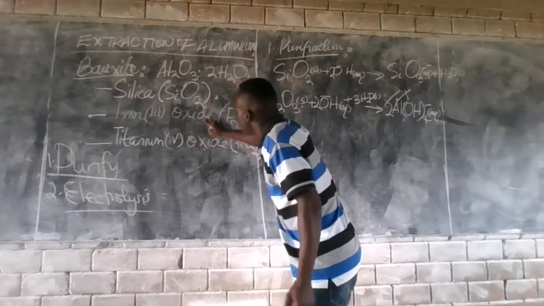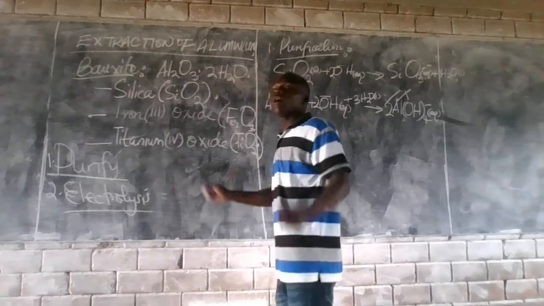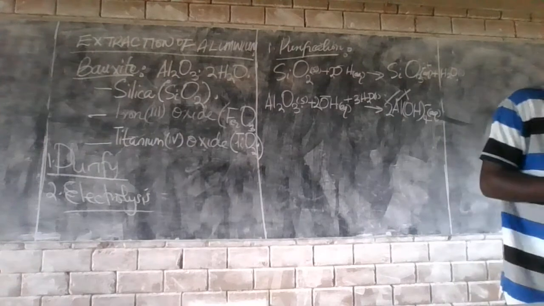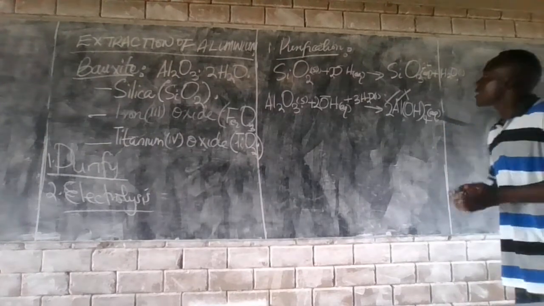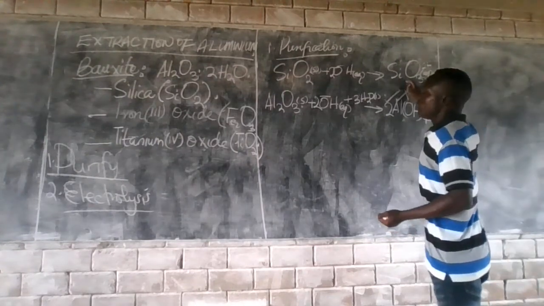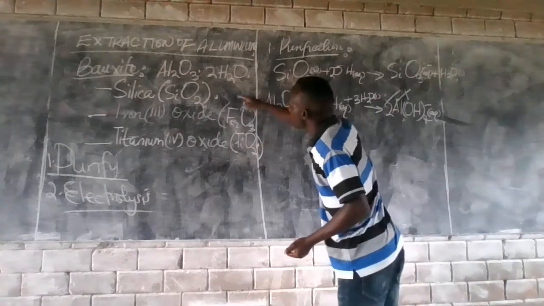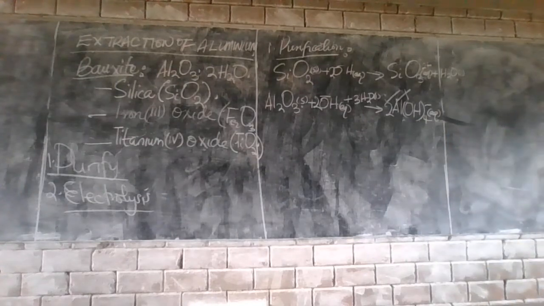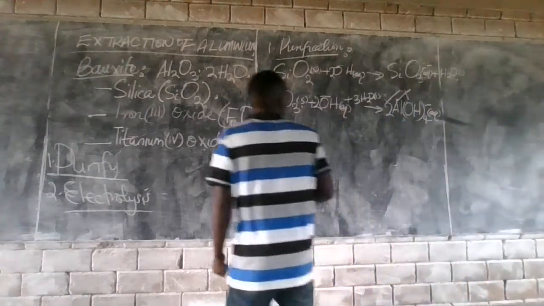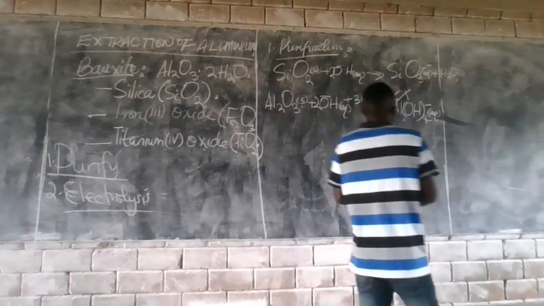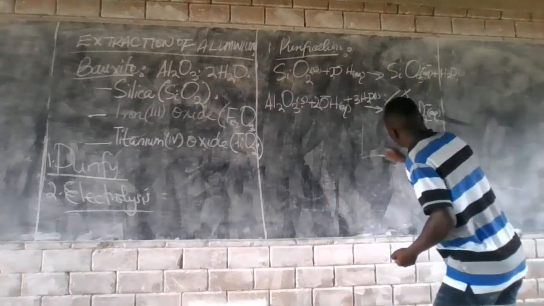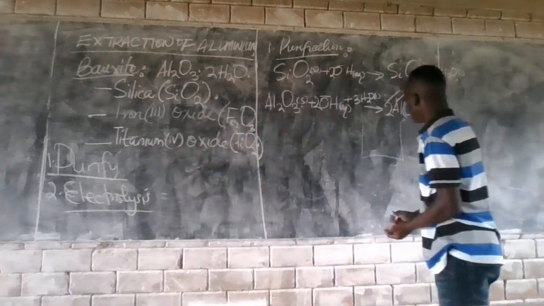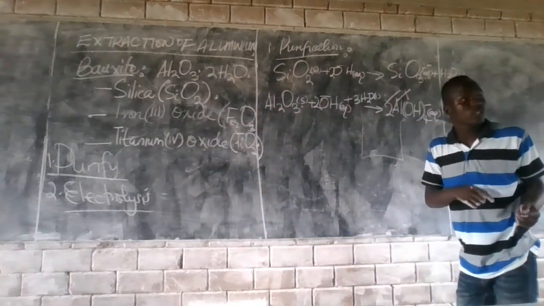So now here silicon dioxide, silica, has dissolved also. But iron 3 oxide and titanium 4 oxide, they have refused to dissolve because they don't dissolve in sodium hydroxide. Now we are going to take the whole mixture for filtration. In the solution, we have dissolved it in concentrated sodium hydroxide.